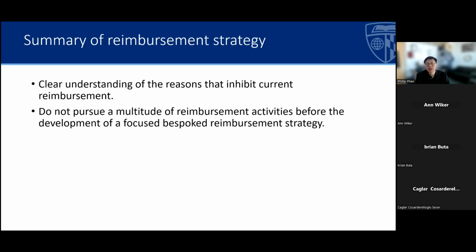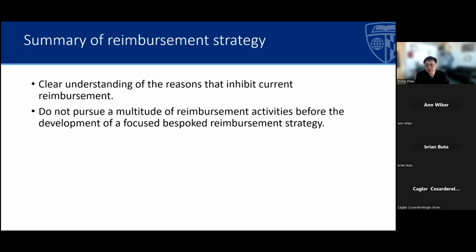The second advice I would give is don't pursue multiple reimbursement activities. Don't think, oh, this thing is great because it has different indications, different applications, different population groups, so I'm going to look for everything under the sun that could potentially reimburse this. That's a bad strategy, because coverage is very specific, and it may affect the design of your technology.